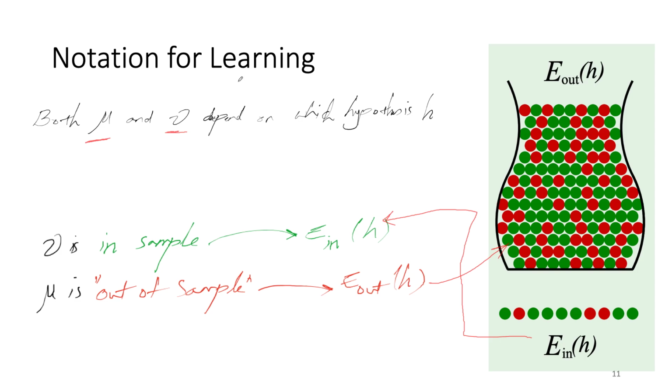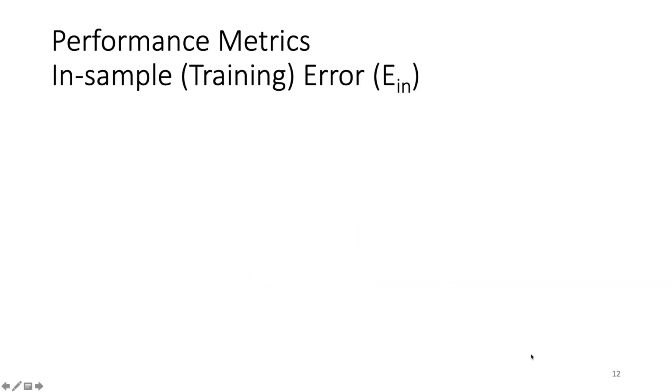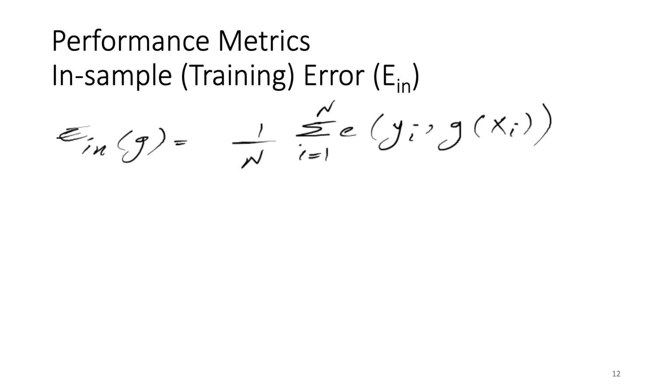So the one here, the one that we saw and we want to train on, right? We want to learn from. Okay, E-in. So in a general way, we can define E-in, and remember this G was the candidate hypothesis that we used in order to train, right?